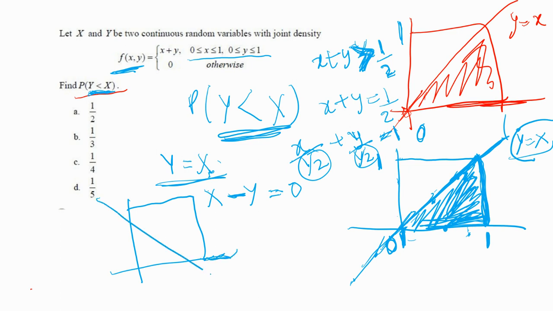Let's say this one is half, this one is half, this one is 1, this one is 1. Then we want to find x plus y greater than half, so greater than half will be the upper portion. So this is the region where x plus y is greater than half. Now you can just do it with multiple points and then you will understand.